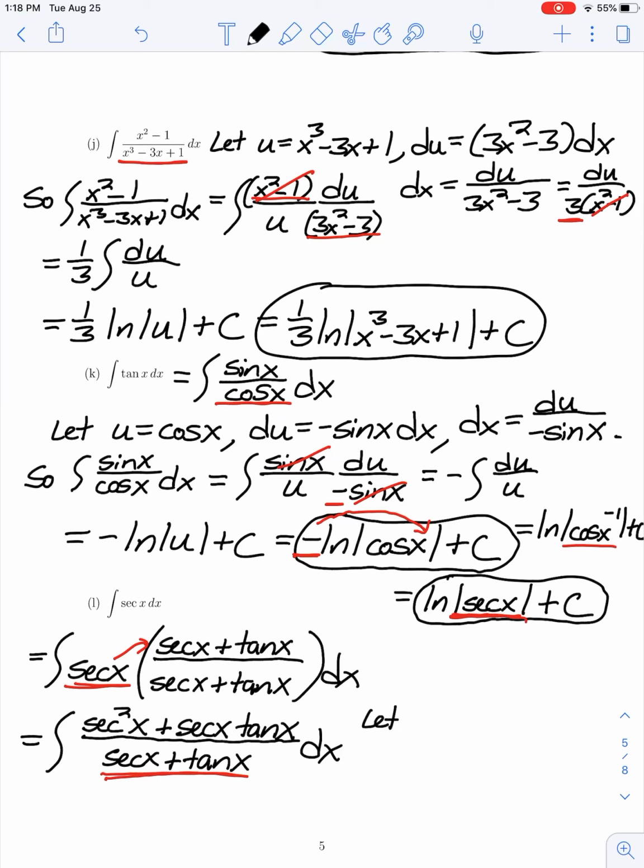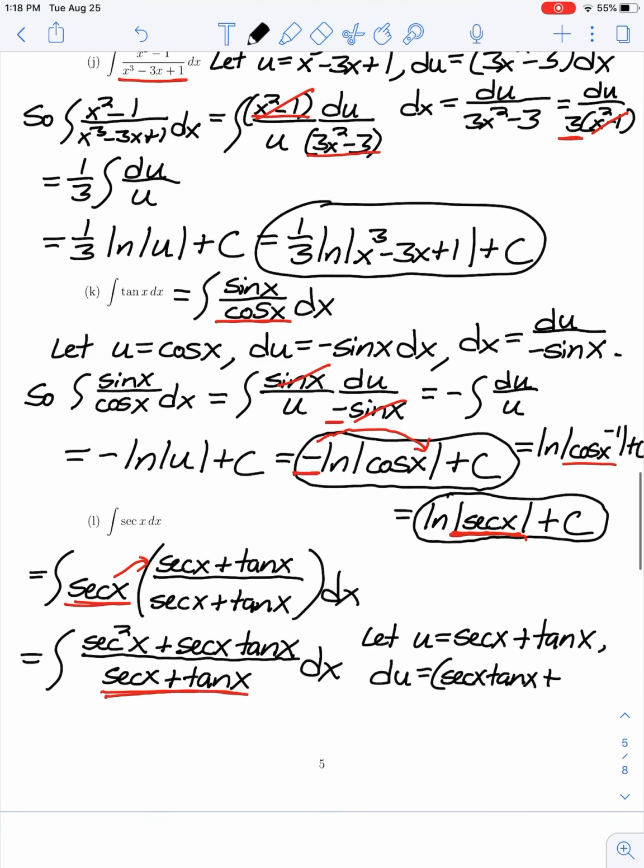So I'm going to let u equal secant x plus tangent x, so that the differential of u is equal to, well, the derivative of secant x is secant x times tangent x, plus the derivative of tangent x is secant squared x, and then we're multiplying by the differential dx on the end.